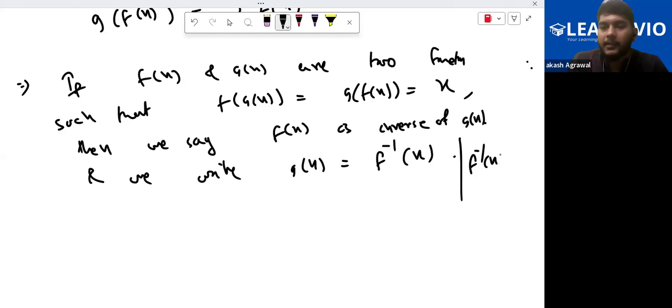If you write like this, f inverse x is 1 upon f of x, they will put you in jail. So never do this. This is a crime. This is just a symbol to denote the inverse. This is not the power. Okay. Please note it down.